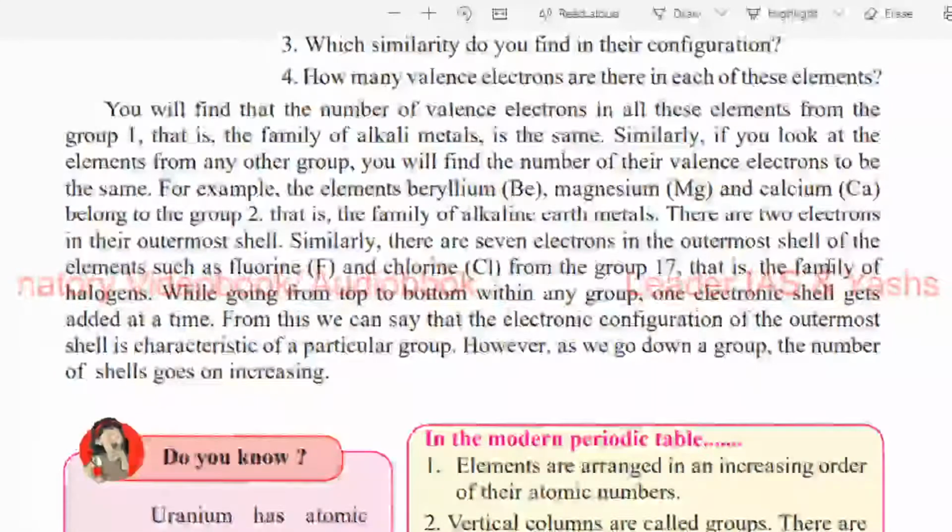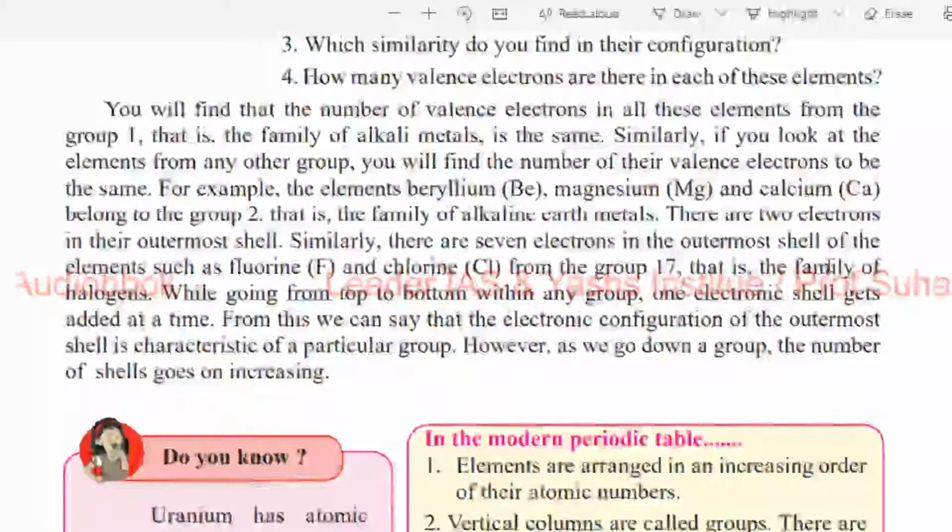You will find that the number of the valence electrons in these elements from group 1, that is, the family of the alkali metals, is the same. Similarly, if you look at the elements from any other group, you will find the number of their valence electrons to be the same.